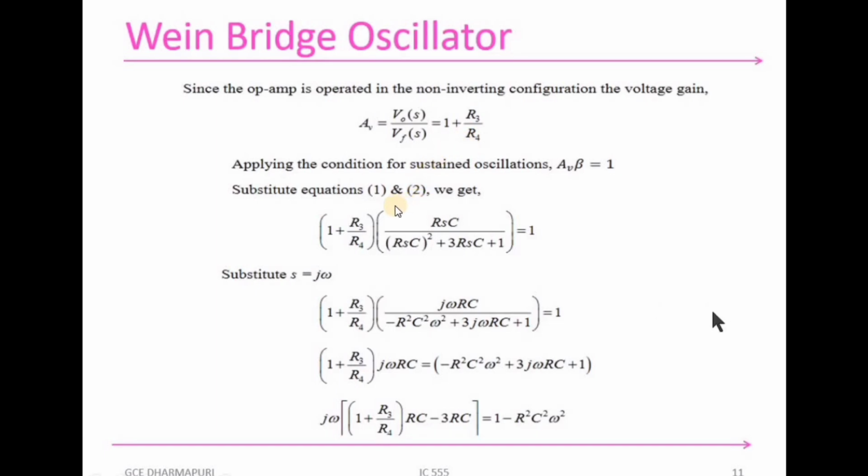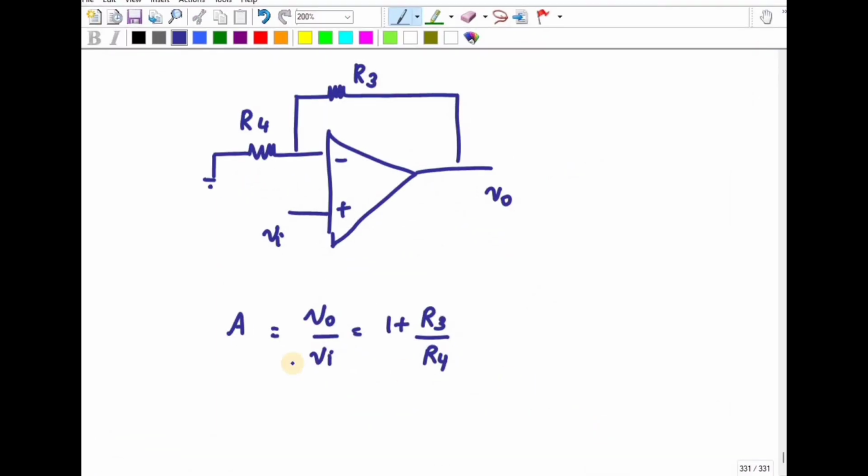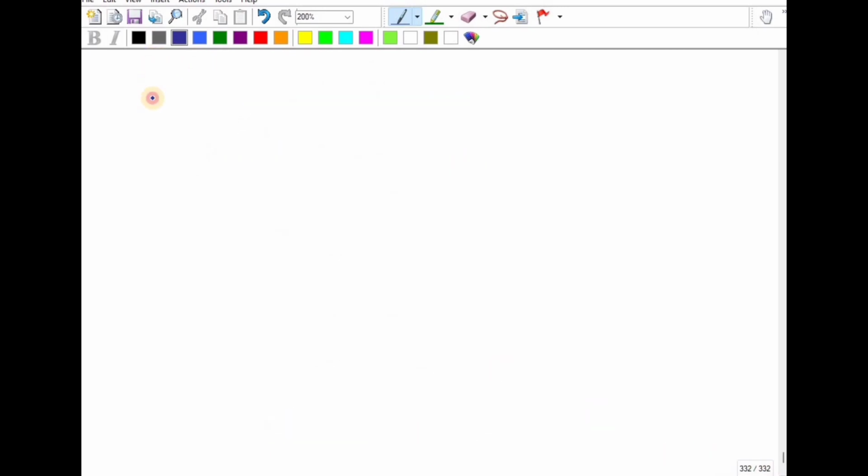And what is beta? Beta is nothing but VF by V naught. We know that the loop gain is equal to magnitude of A beta is equal to 1. You can see this is my ZS and this is my ZP.